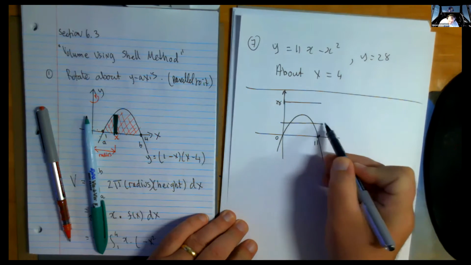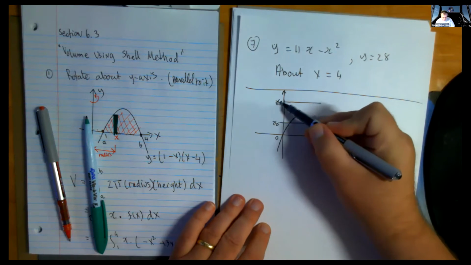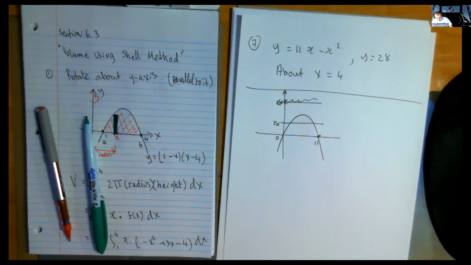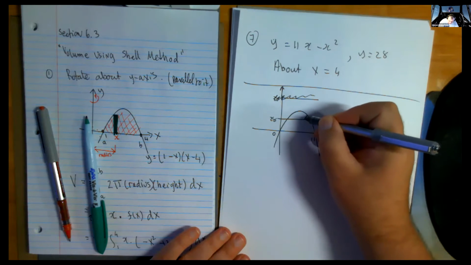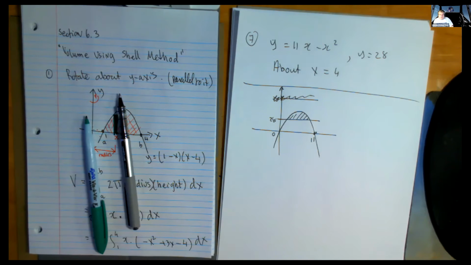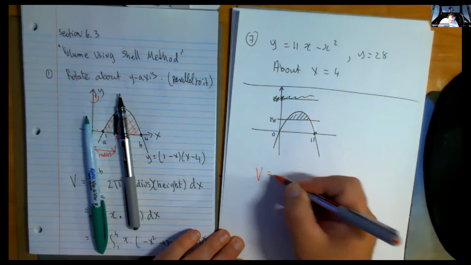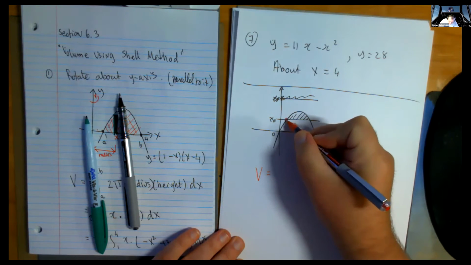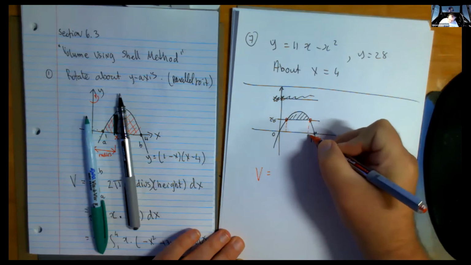Y equals 28 is actually here. So pretend that's not there. So I want to take this little guy here. So that was my issue. Let's see what the volume looks like. Well, don't I need to know these two numbers?